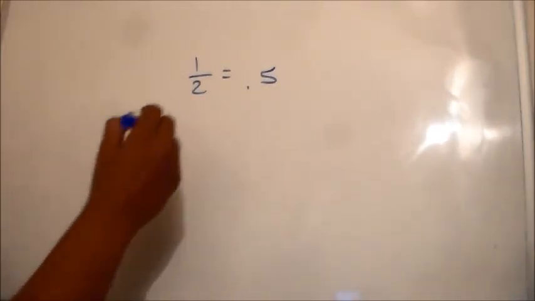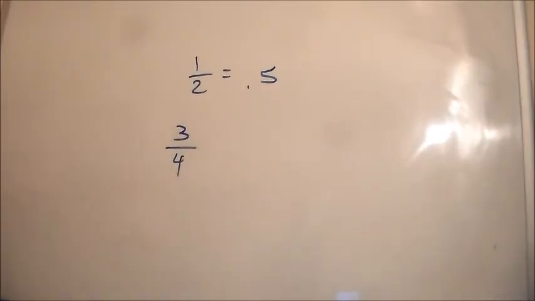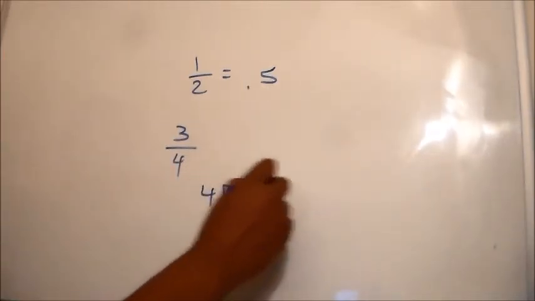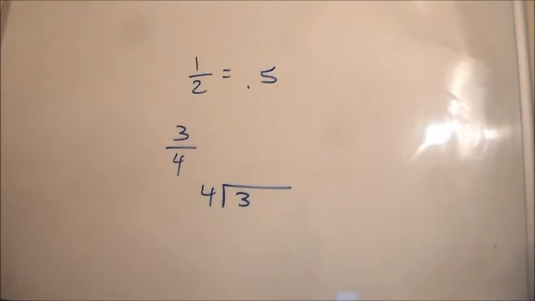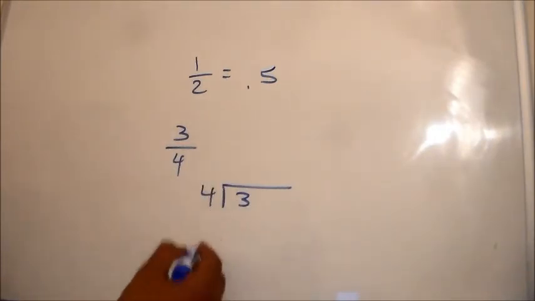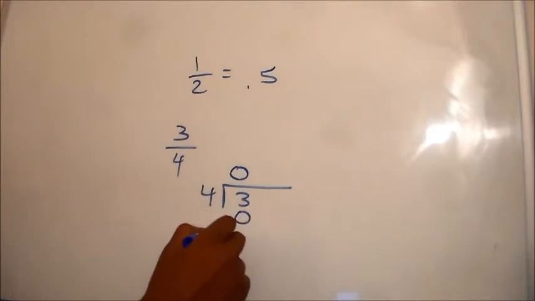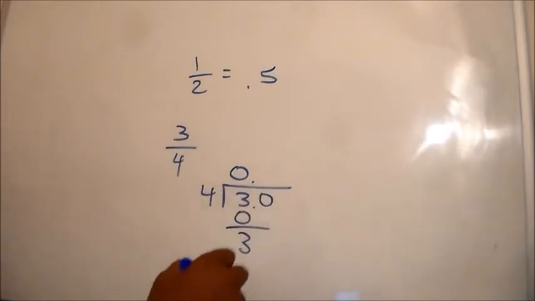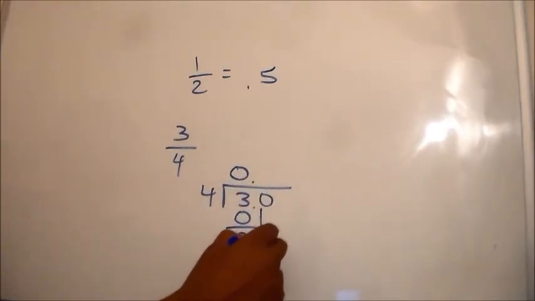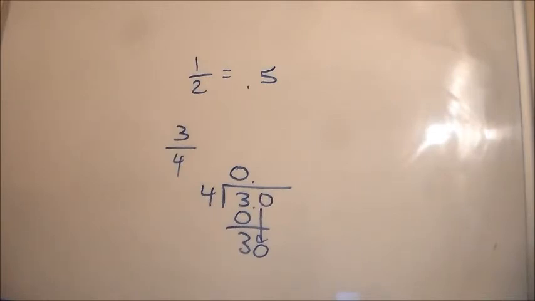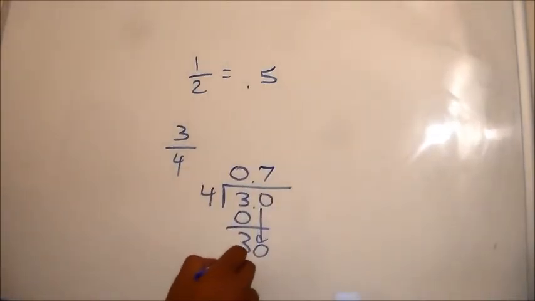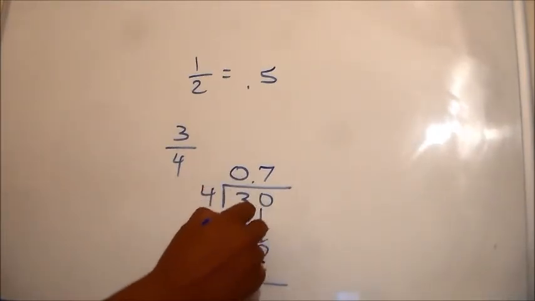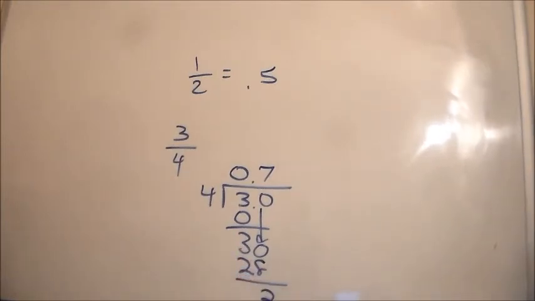Let's say we had 3/4. Just think of it as 3 falling down and the problem becoming 3 divided by 4. 4 does not go into 3 any times, so a 0 would go there, and 30 would come down. 4 goes into 30 seven times, 28, and we would have a 2 remaining.